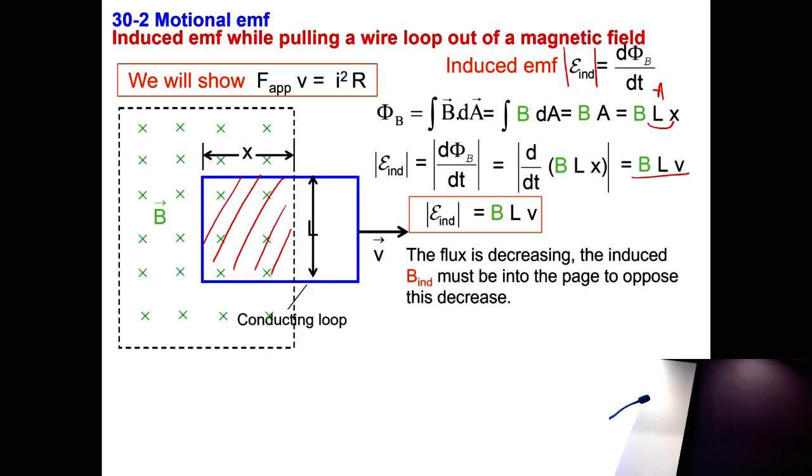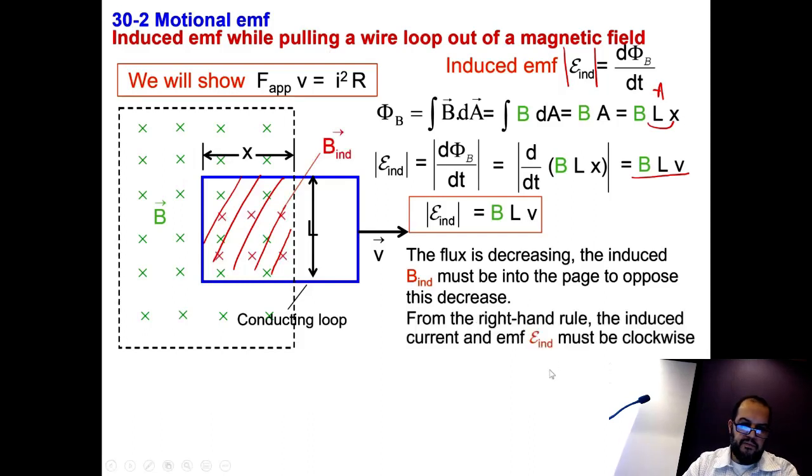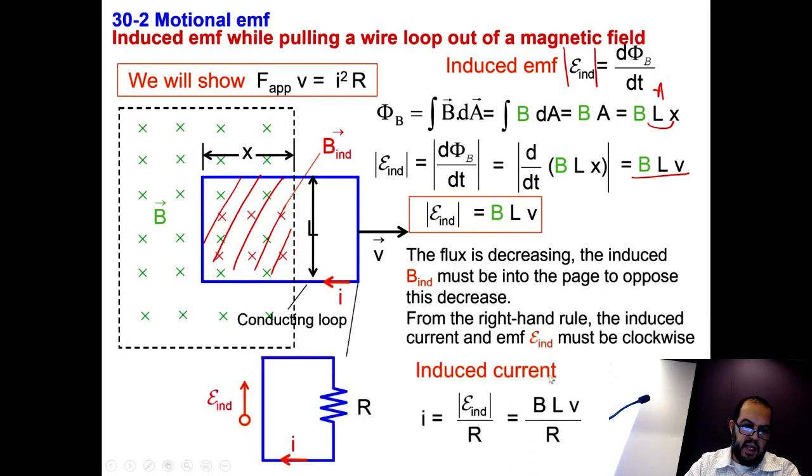The loop does not like to see a decreasing flux, so it will oppose it with an induced magnetic field in the same direction as the existing one, into the page. Since the induced field is into the page, the current is going to be in the clockwise direction. So we have the current and the induced EMF.